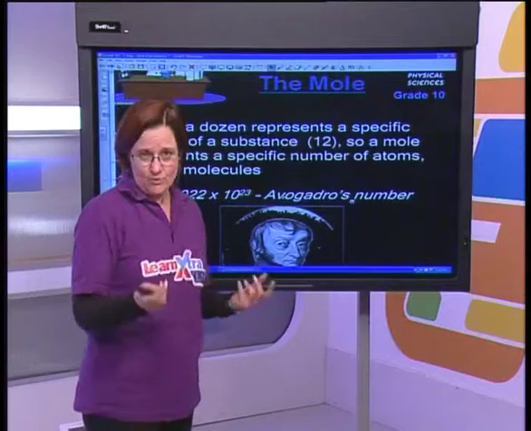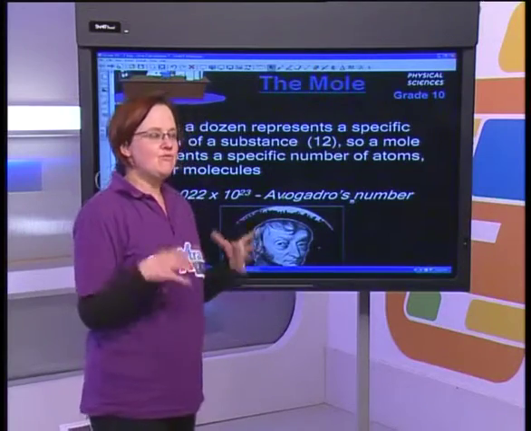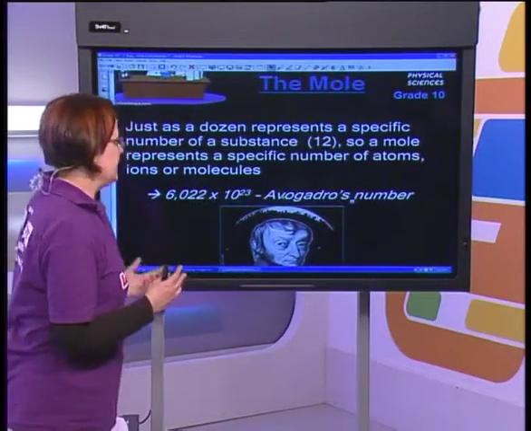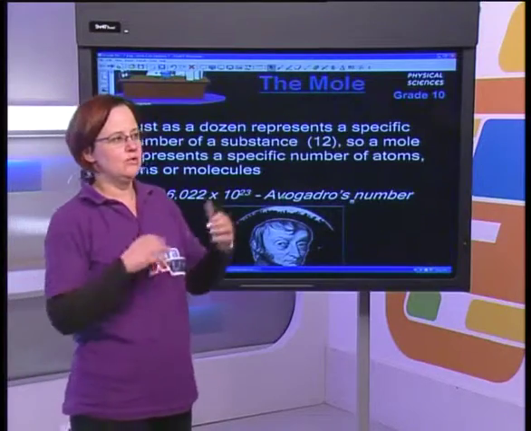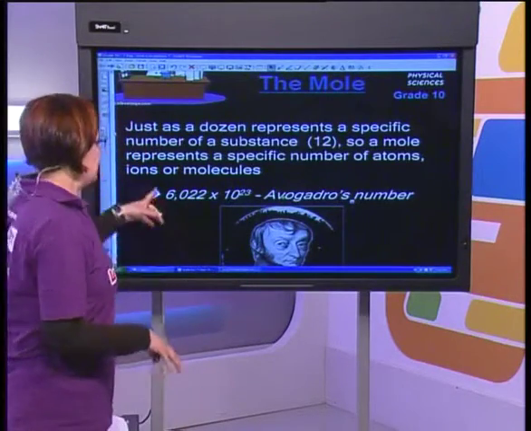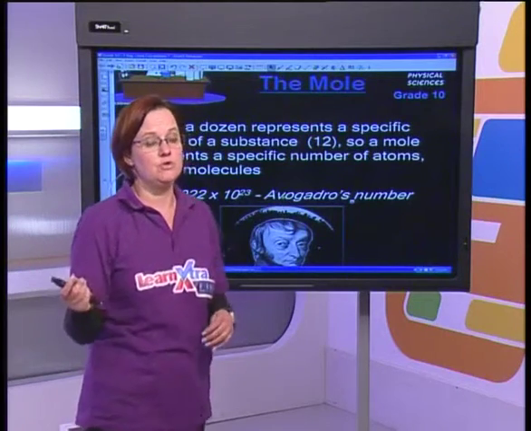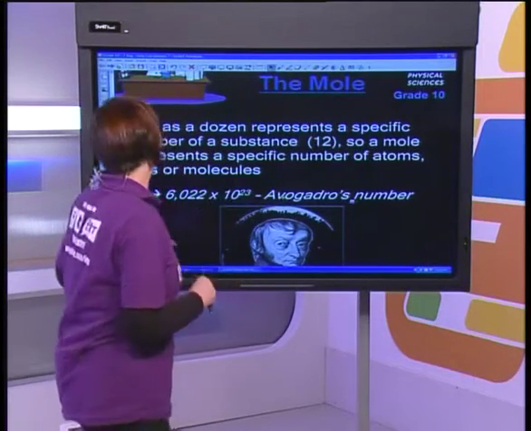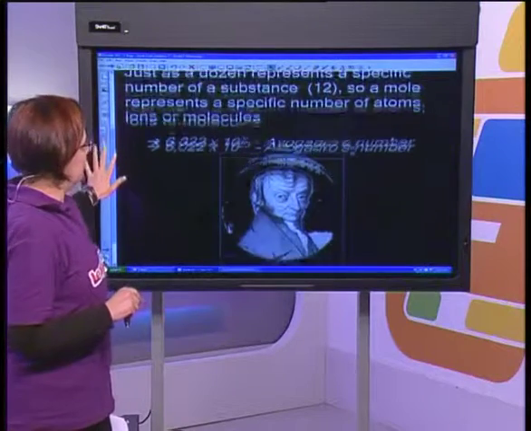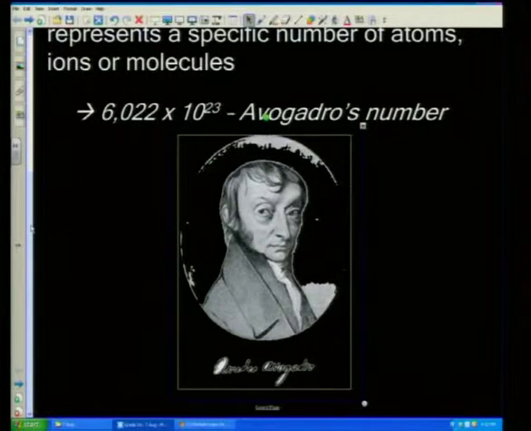We all understand those. Now, a mole, as random as it sounds, isn't actually as random as just picking out a number. Its value is 6.022 times 10 to the 23. It's named after this man, Amedeo Avogadro, who, quite frankly, in my opinion, looks a little bit like a mole.